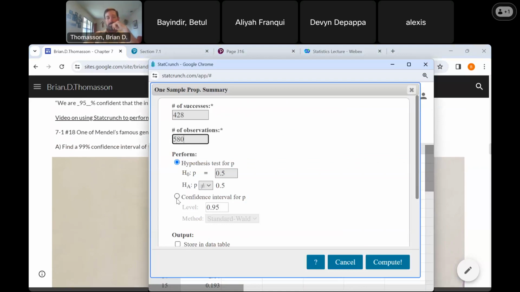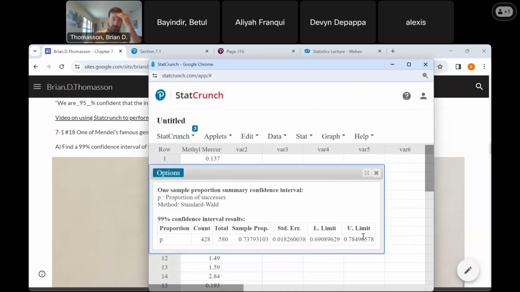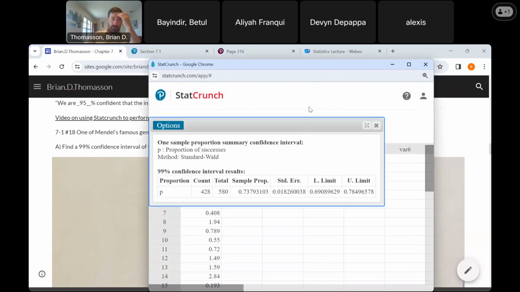And we go down to confidence interval. In this case, we want a 99%, so we have to change the default from 95 to 99. When we hit compute, we automatically get our lower and upper limit of 0.69 to 0.78. So it does all the calculations for us. Here's our sample proportion as well, p hat.